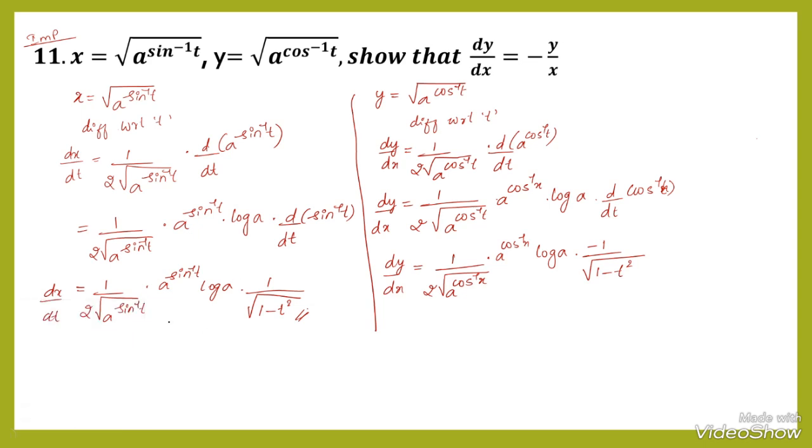Now we want dy by dx. That's why dy by dx is equal to dy by dt divided by dx by dt.